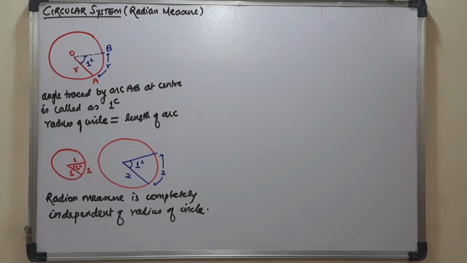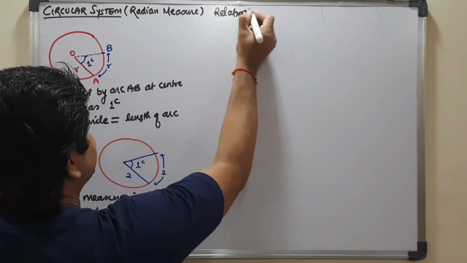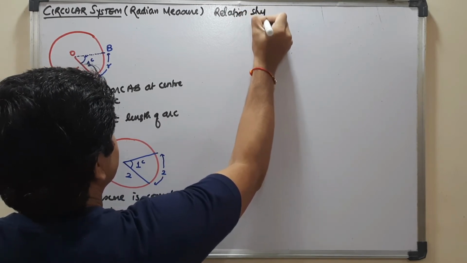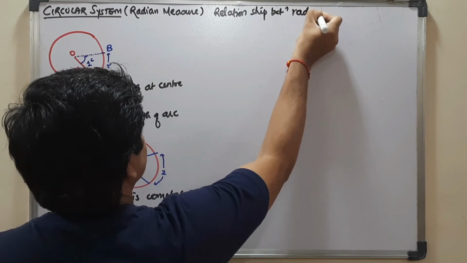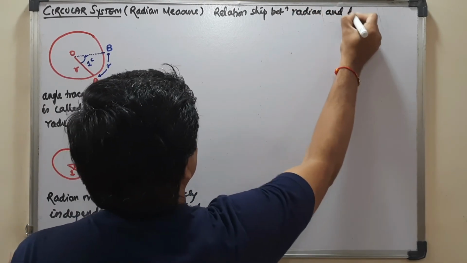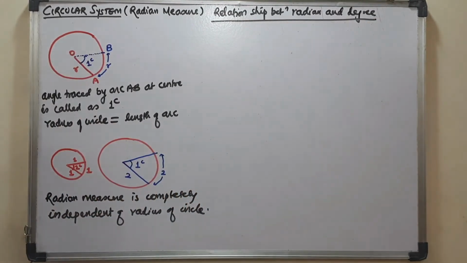Now let us see the relationship between radian measure and degree measure. What is the relationship between them?